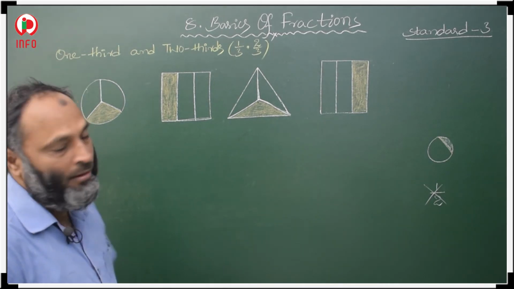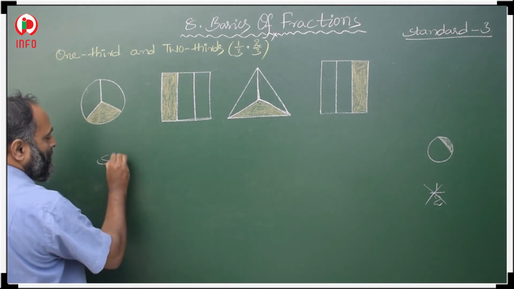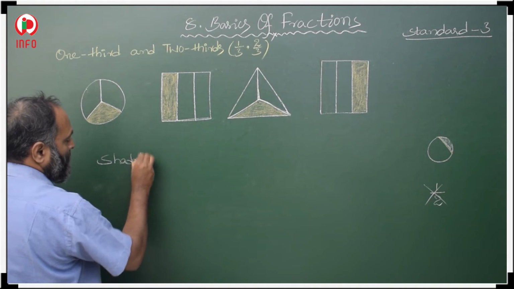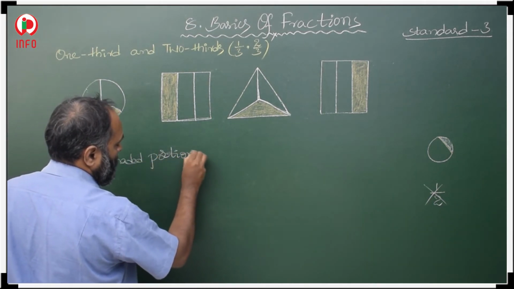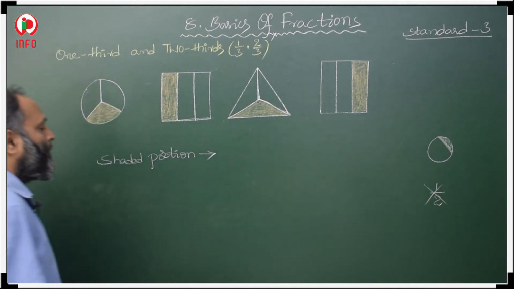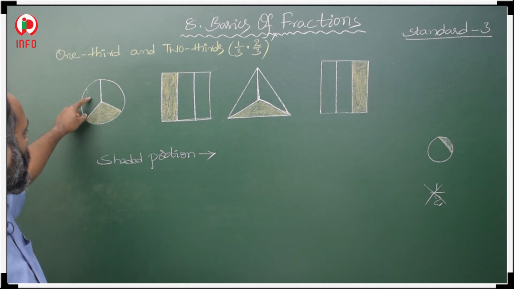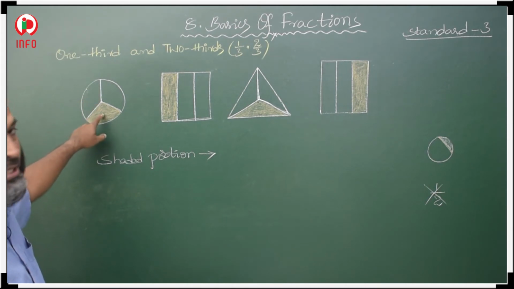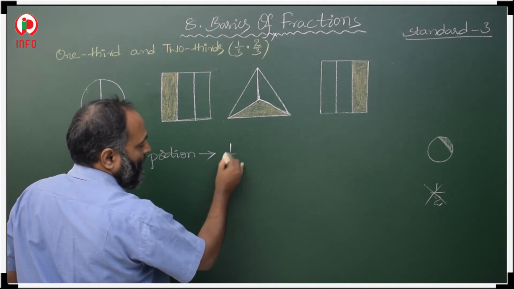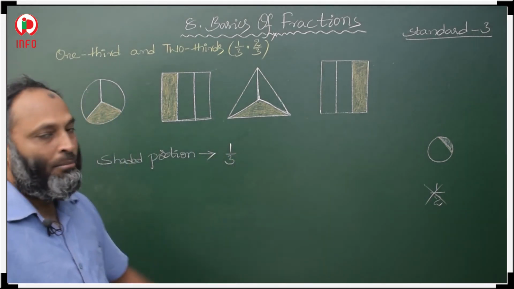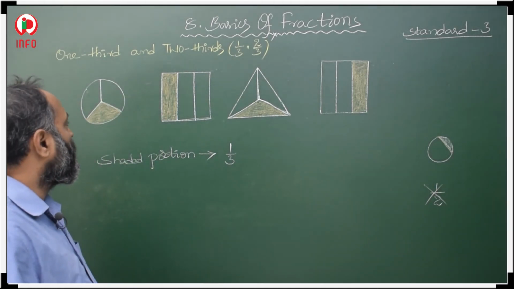So, how to write in fractional form? First, the shaded portion. What is the shaded portion in the first one? Out of 3 parts, 1 part is shaded. So, the shaded portion is 1 by 3. In total 3 parts, 1 part is shaded, that is 1 by 3, that is 1/3.